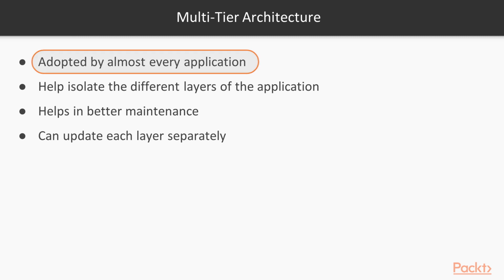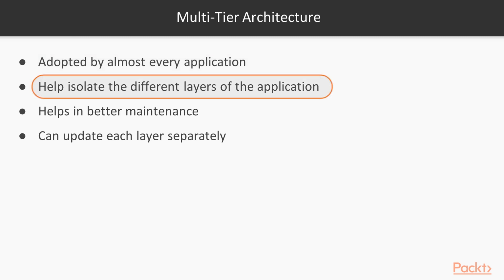First is a multi-tier architecture. A long time ago, a lot of applications were based on just two tiers. You probably had the web tier that's used for hosting your websites, and that would connect to a database tier. But now you have multi-tier architecture adopted by a lot of applications. One of the biggest advantages of having this multi-tier architecture is that it helps isolate different layers of your application.